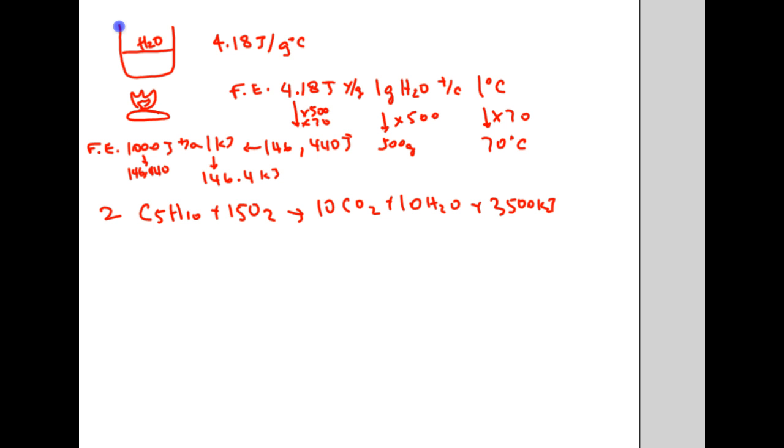Using the reaction that we have here, 2 moles of C5H10 is 140 grams, and it yields 3,500 kilojoules. We want to know how many grams would yield this many kilojoules.